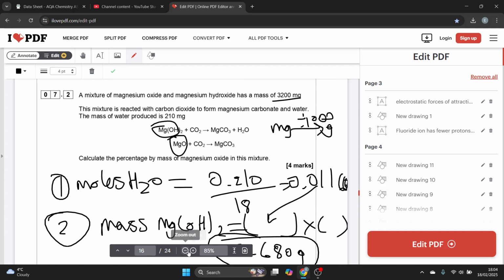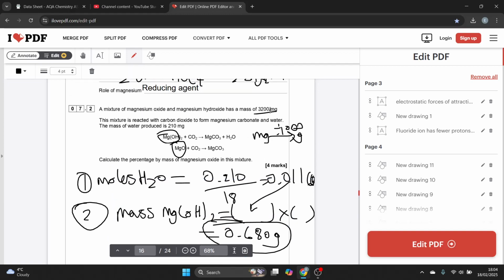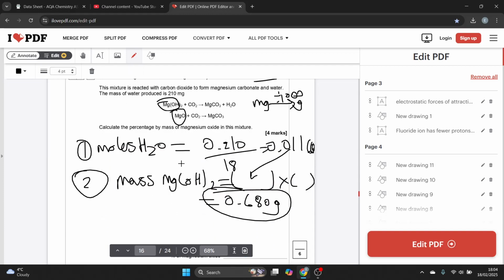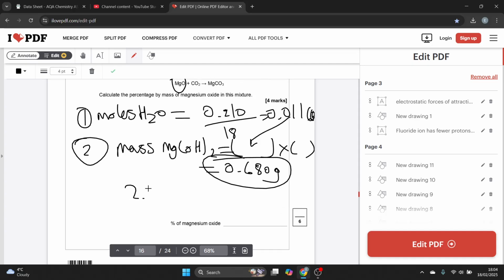So I need to find out the percentage by mass of magnesium oxide. 3.200 minus my answer, the mass in grams. Then I get the mass of magnesium oxide, 2.52, over 3.200 times 100, and I get 78.8%.